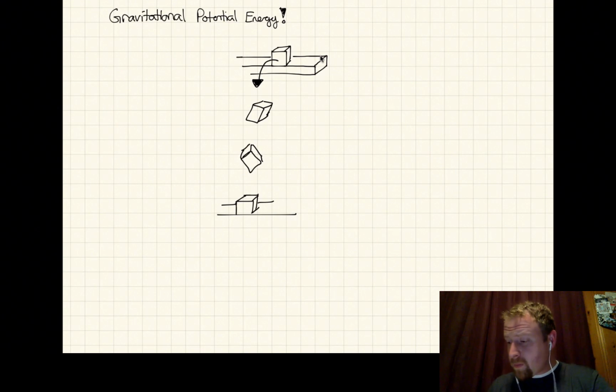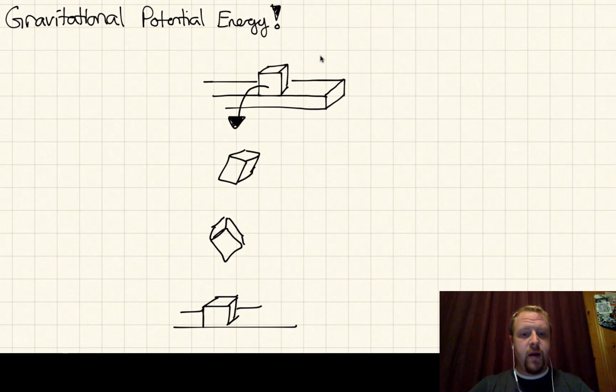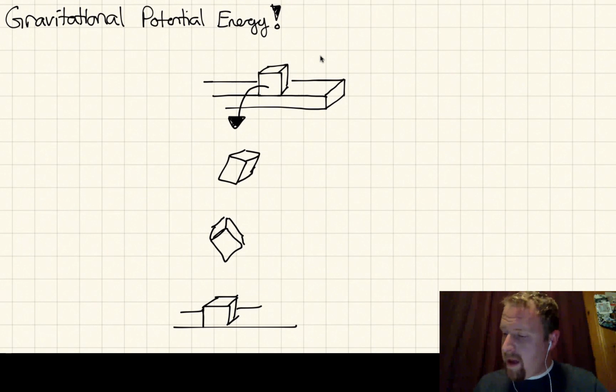There we go. And so one of the things we would want to say is that in order for that cube to have fallen, it had to have energy to fall. Gravity had to have some way of pulling that object down. And so we would say that that cube had gravitational potential energy.